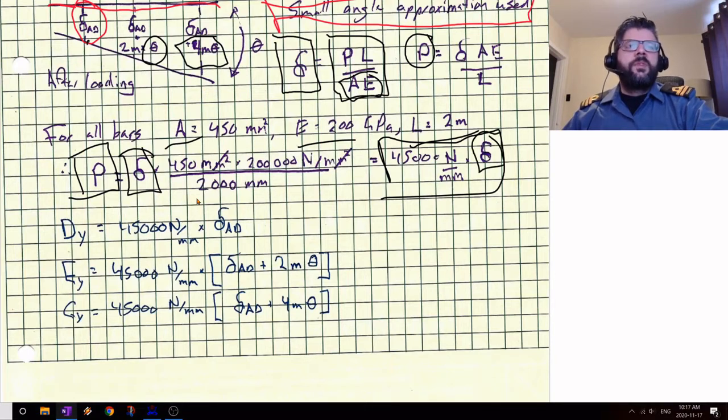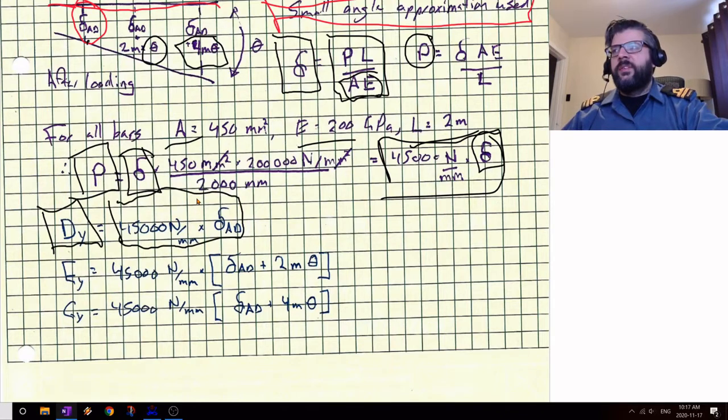So the reaction force Dy is just going to be 45,000 newtons per millimeter times the delta AD.